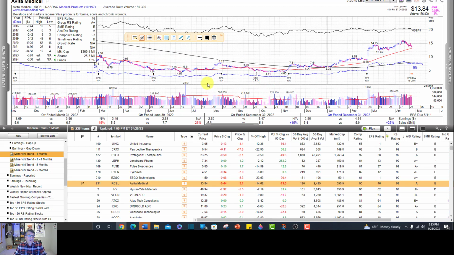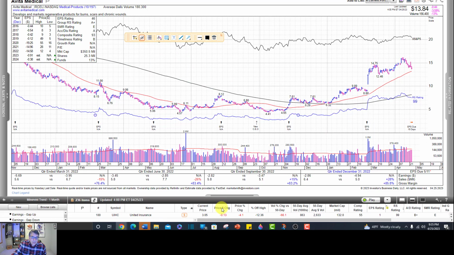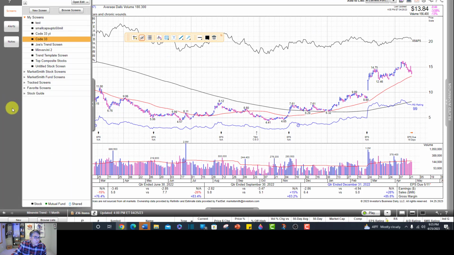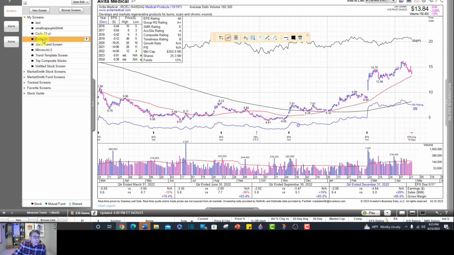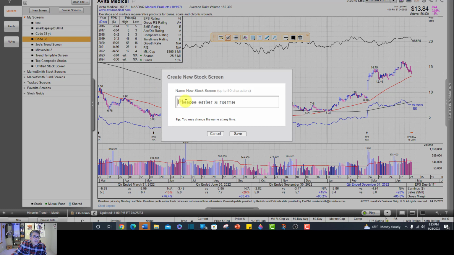Then the other one is the code 33 screen, which Marketsmith doesn't have built. You have to build it yourself, and I'll show you how real quick. So you open up screens, and once you build it, you can bookmark it. I've got it right there. But let's make a new screen, new stock screen.